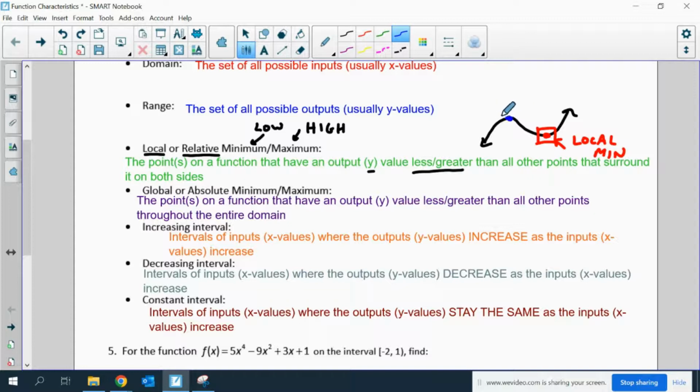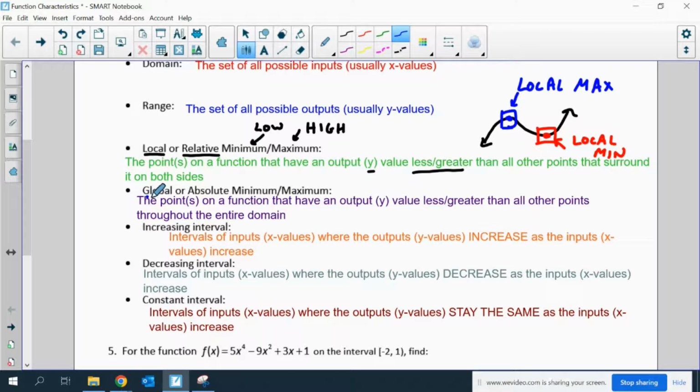And then this point would represent a local max or a relative max because all points that are surrounding it are below it. So this is the highest point in a certain area.